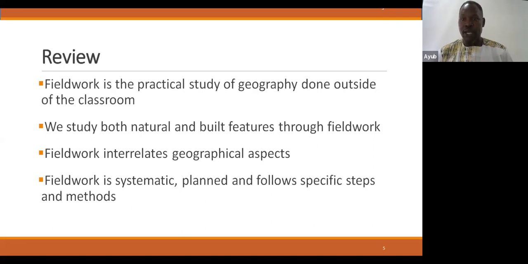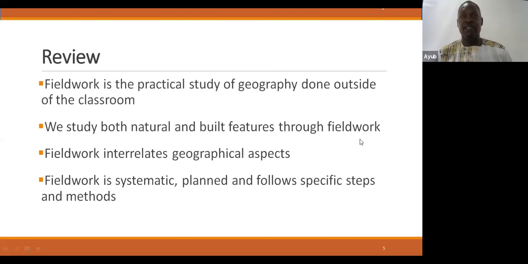If you have an issue, you can text. I can read the text immediately. Number 3, we said that fieldwork interrelates geographical aspects. When we go for fieldwork, we relate physical features to human features.